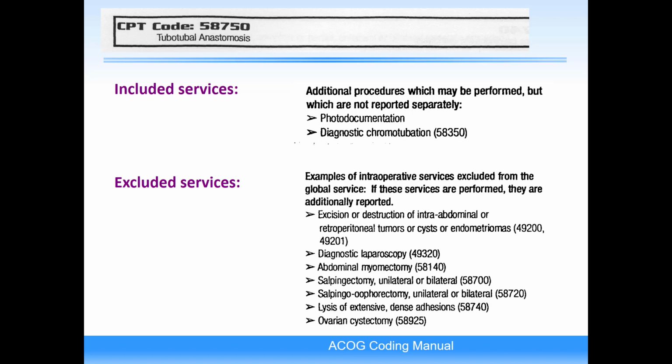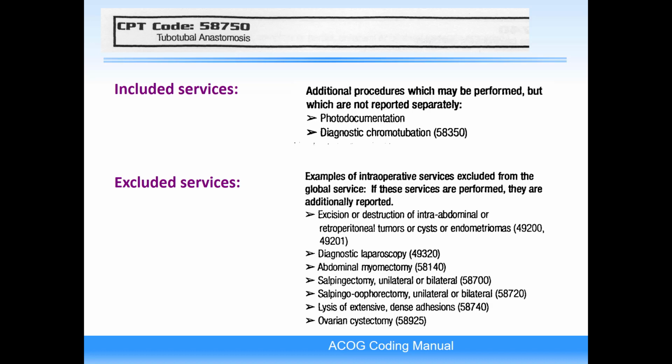If you decided you needed to do diagnostic laparoscopy to assess tubal length before proceeding with, say, abdominal tubal anastomosis, that's reportable separately. Third on our list here is abdominal myomectomy. So this is clear documentation that if you did have to perform this procedure in addition to tubal anastomosis, it's separately identifiable and reported, eligible for additional reimbursement.